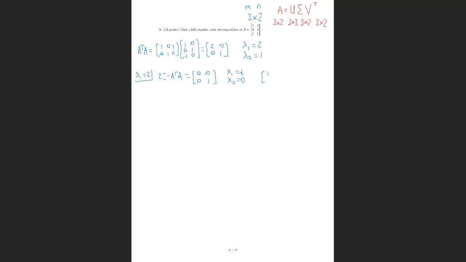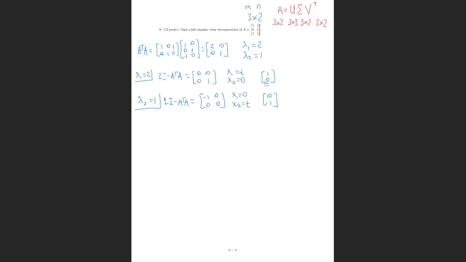So that gives me one eigenvector, 1, 0 right now. If we just check the next one, lambda 2 is 1. So 1I minus A transpose A. So this time it'll be negative 1, 0, 0, 0. And then x1 will be 0, x2 will be free. So you'll get 0, 1.